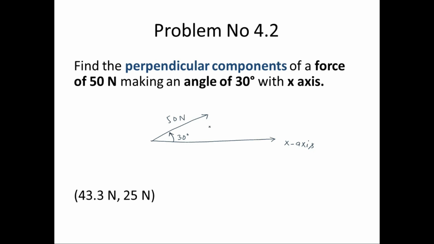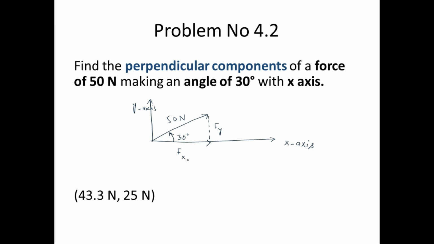There are two perpendicular components of the force. The first one, in the x-axis direction, is called f of x, and the second component, in the y-axis direction, is called f of y.